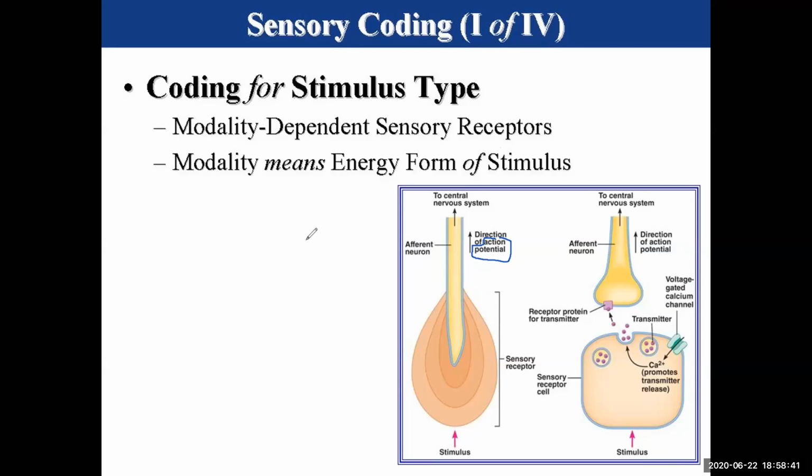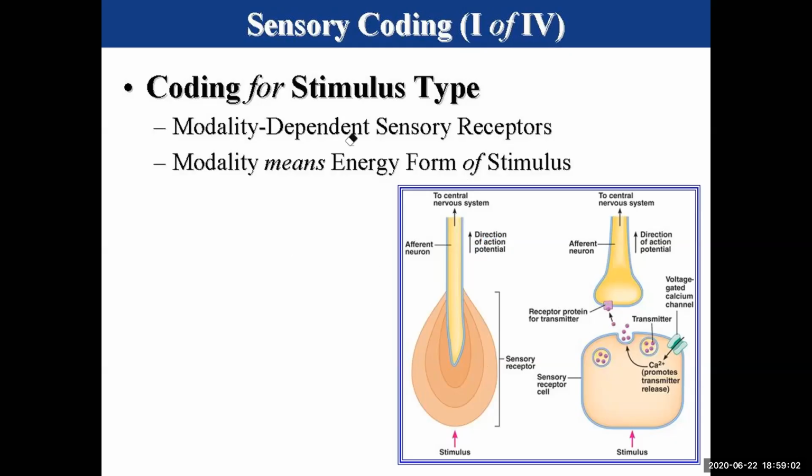So we're going to go over this concept, sensory coding. First of all, how is the type of stimulus coded? Right, so this depends on the receptor.